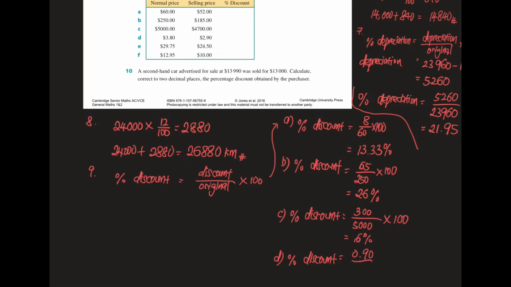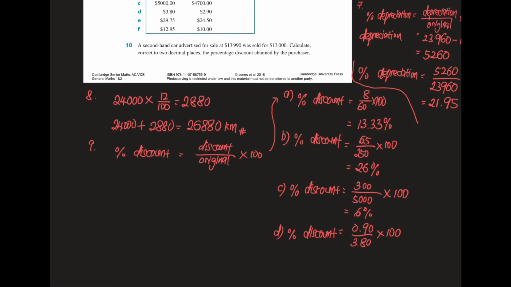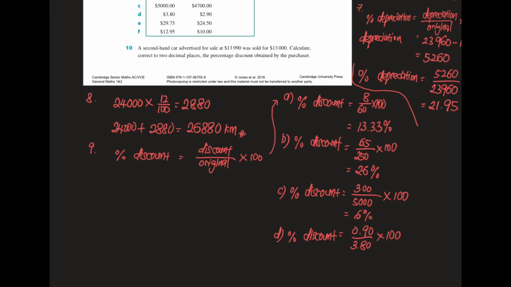That is 0.90 over the original $3.80 times 100, and then we get a percentage discount. So we get 23.68%.